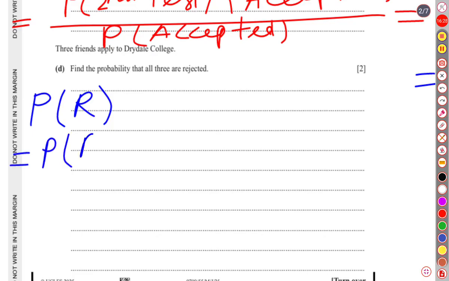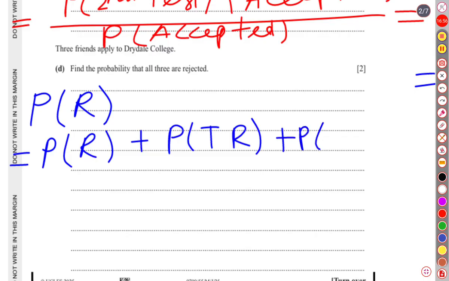So as there are three possibilities, he might be rejected in the first case, or he might be given the second chance. So first T and he was given the second chance, but he was rejected, or he was given two chances, first test, retest, and again he was rejected.